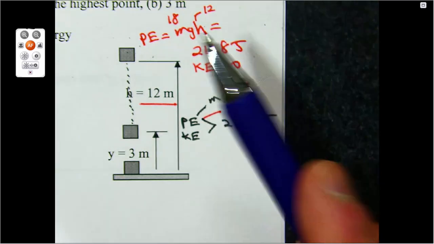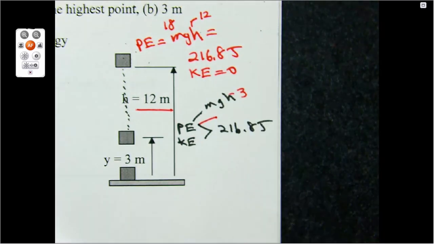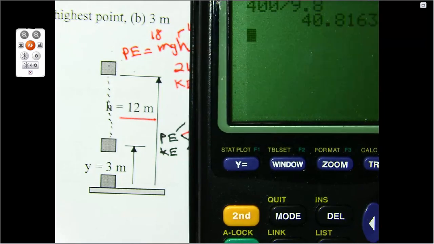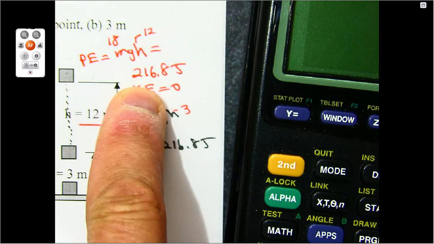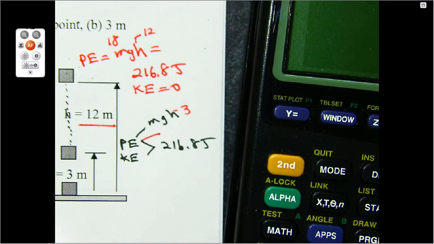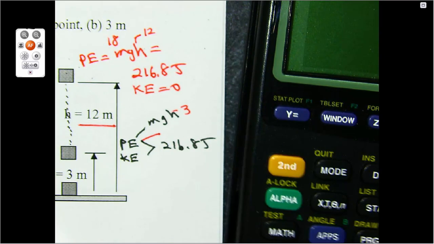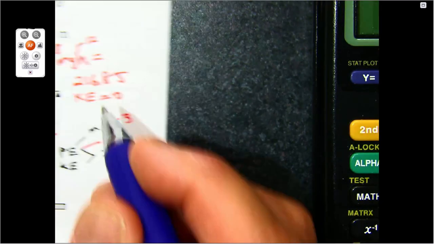So then this number here is wrong. Is it 9.8 into this one? The top one is 2116.8.